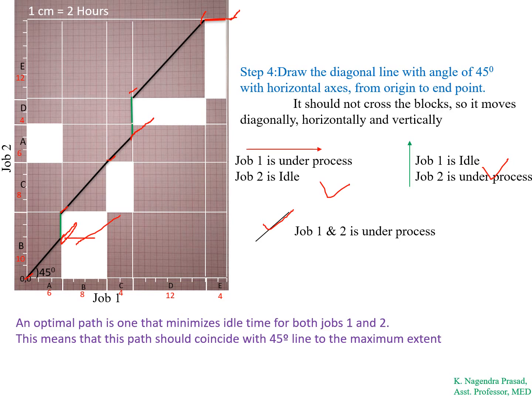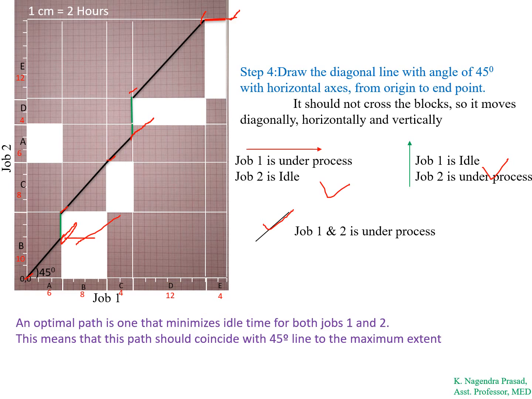See, here we have many possible ways to reach from origin to end point. Among all the paths, we should select the path with the maximum length of inclined line only.